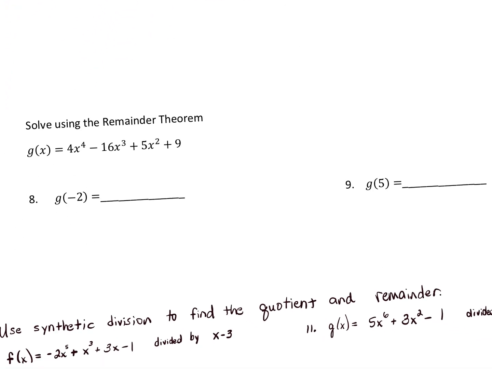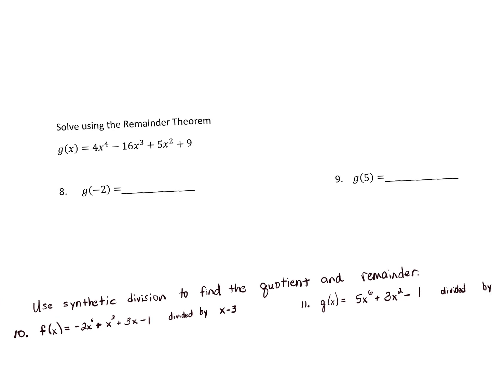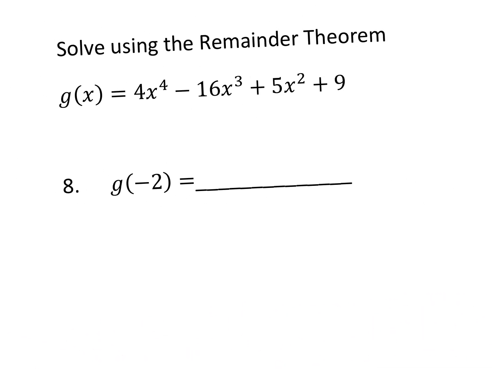Let's talk about the remainder theorem. If it says to solve using the remainder theorem, what is the only thing that matters? The remainder. So if I set this up, they're telling me to use negative 2. Let's write out the coefficients. So I have 4.